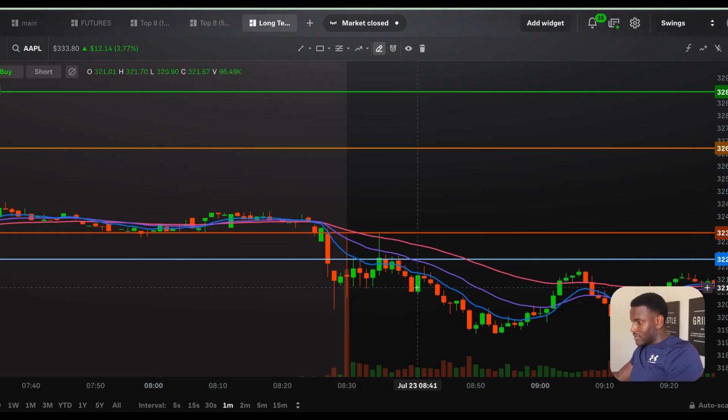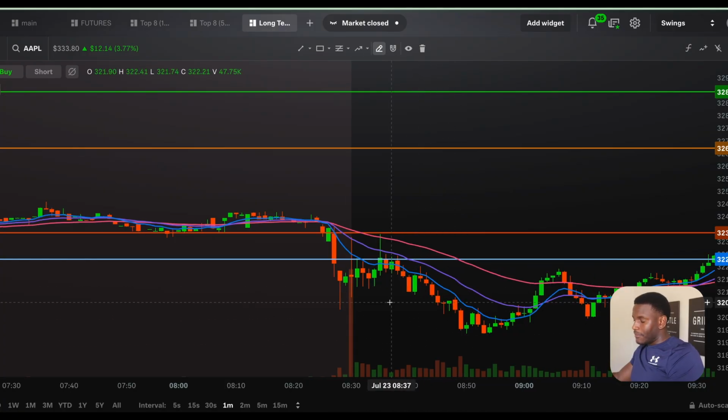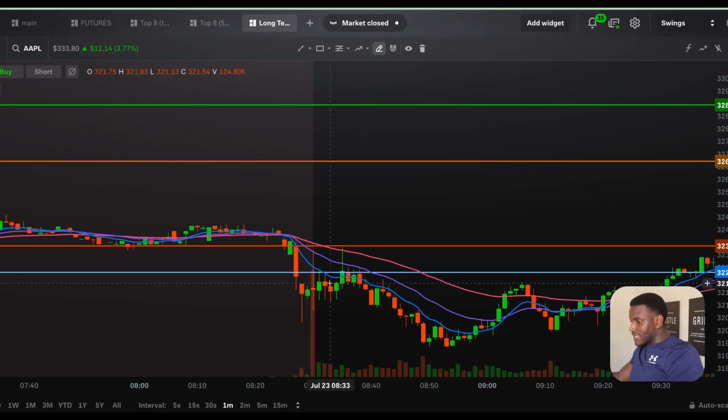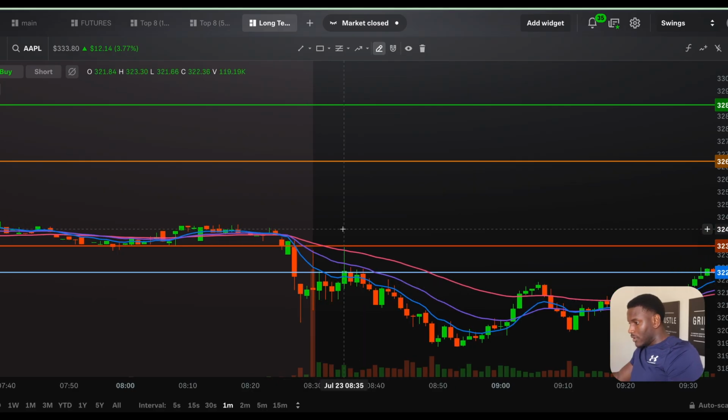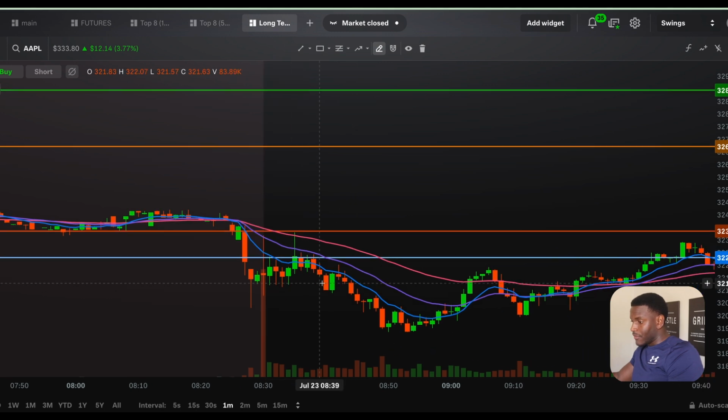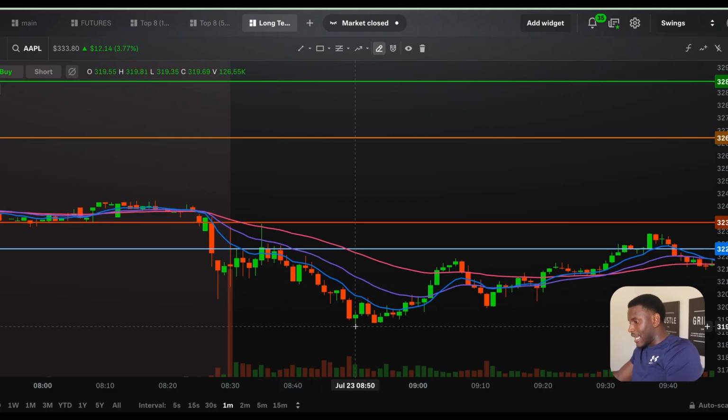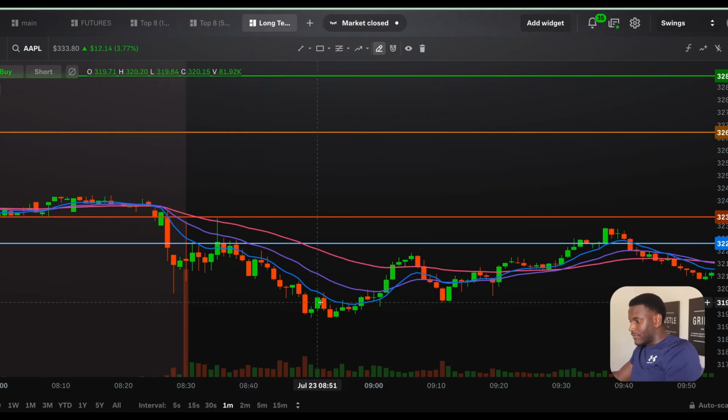So I had a retest and a breakthrough, which also created another trading opportunity. But since price was below your previous day low and your pre-market low, you could have objectively been bearish on the day and looked for some type of trade on the downside, right? And that's exactly what happened in this day for Apple.